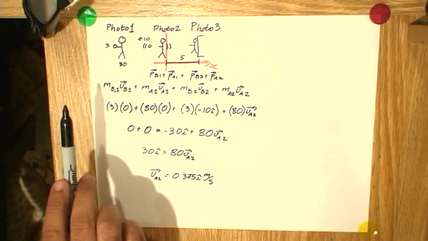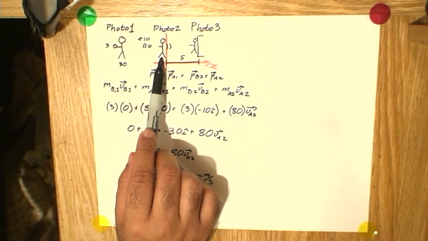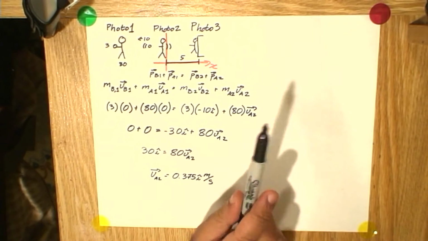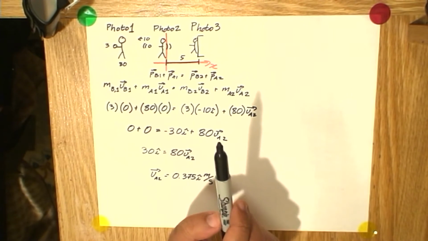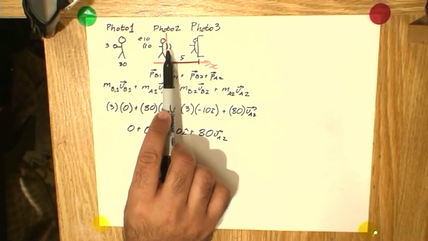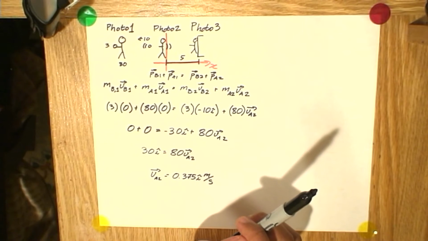So now we have used conservation of momentum to figure out the velocity of this astronaut going backwards. The next step is to apply the principles of kinematics, 1D kinematics, to figure out how long it takes for the astronaut to actually reach the airlock.